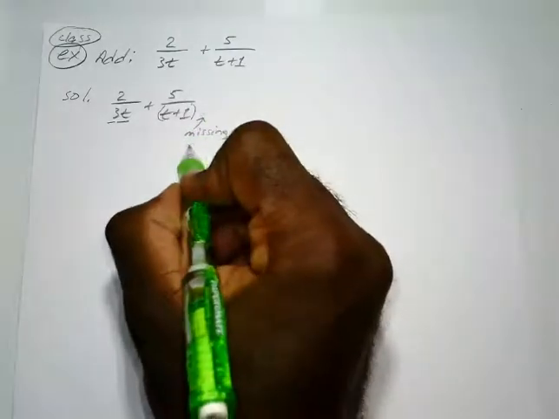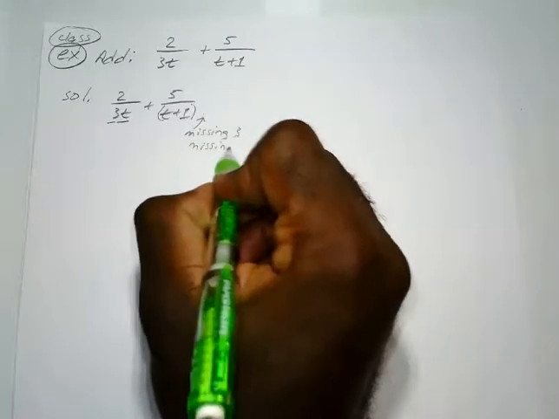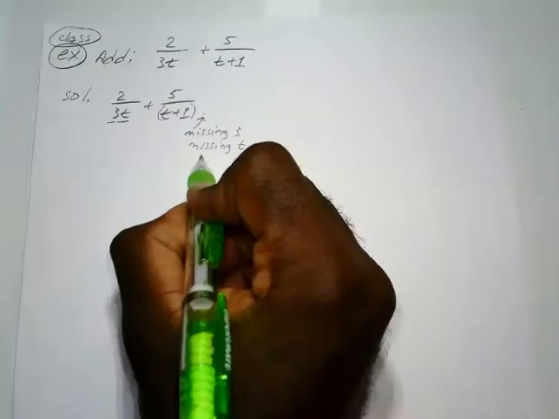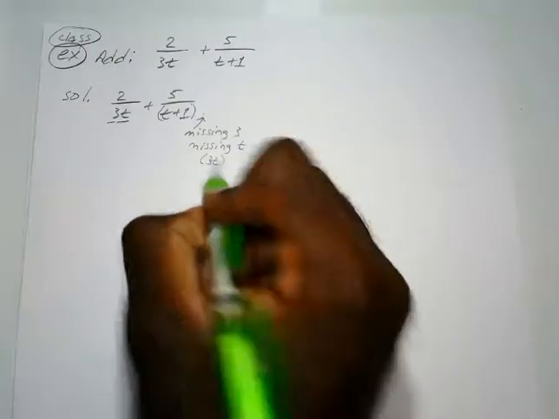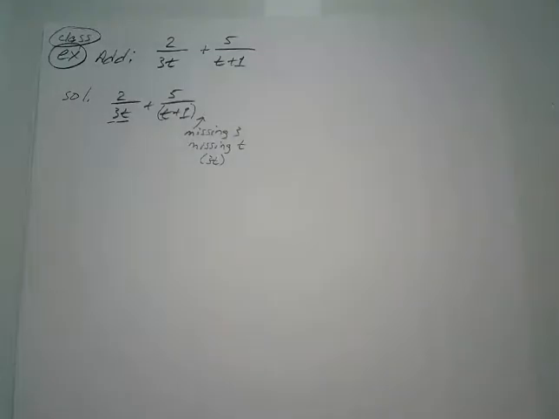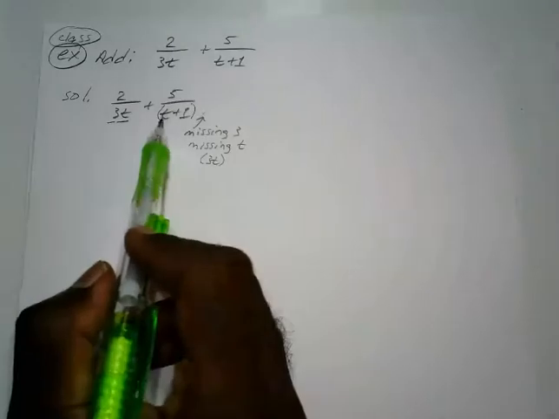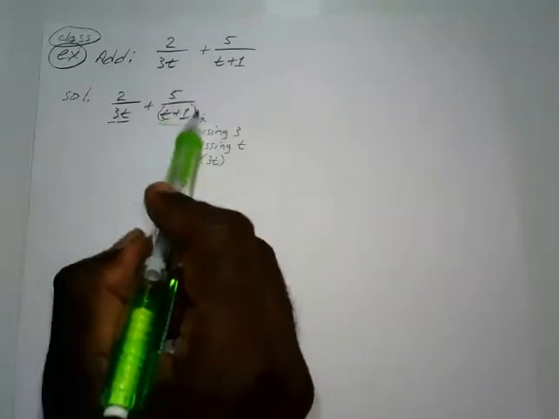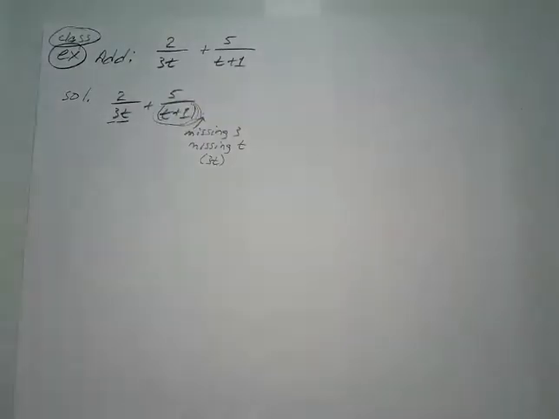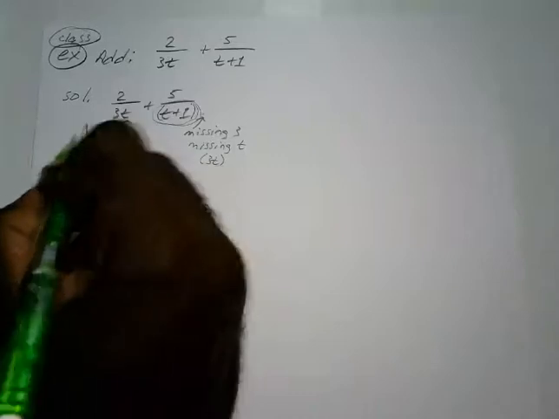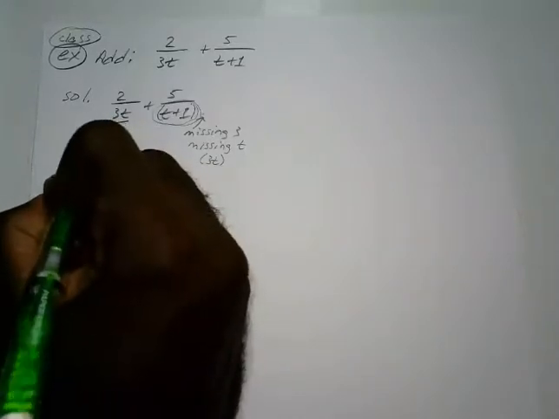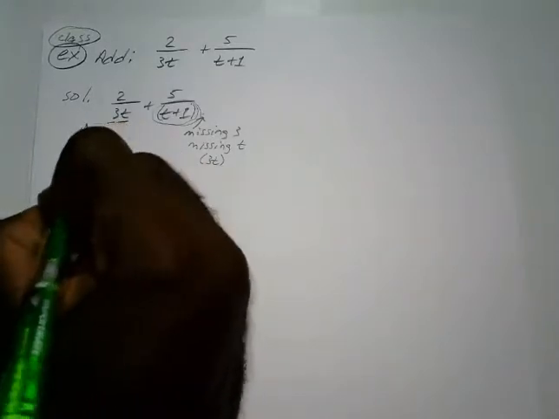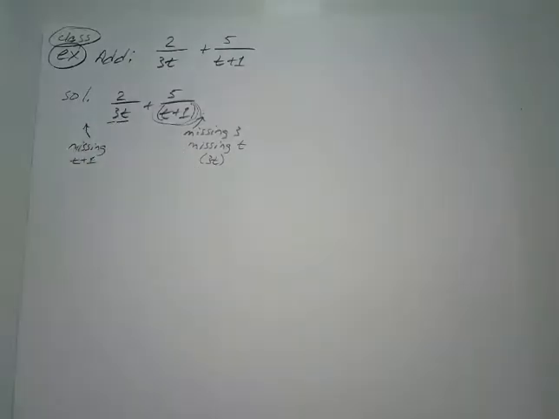So you're missing a 3 and you're missing a t. If you want, you can just make it 3t that you're missing instead of doing both of them separately. Okay, now if you look on this side, you have a t plus 1. But this side, you're missing a t plus 1.